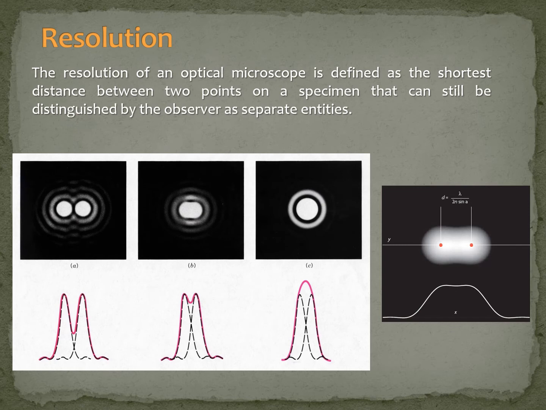To better explain what I'm trying to say, it's better to show this as an example. Two objects that are close, like these two objects, I can distinguish them as separate entities only if they are a certain distance apart.